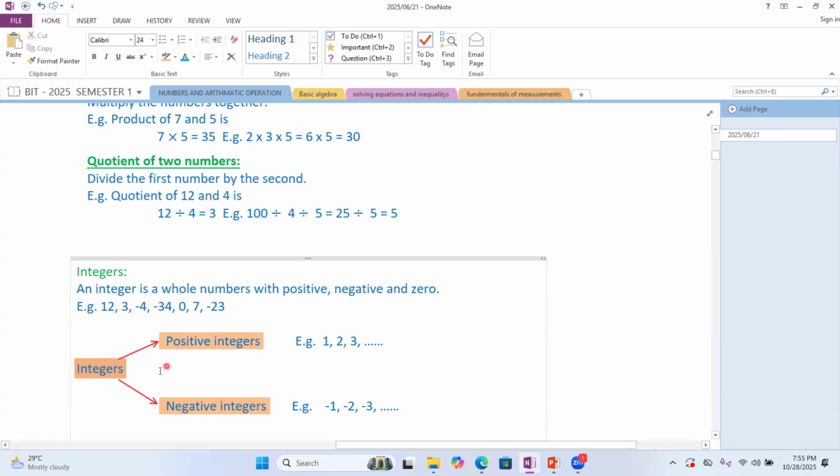So we can write positive integer, negative integer, and zero.